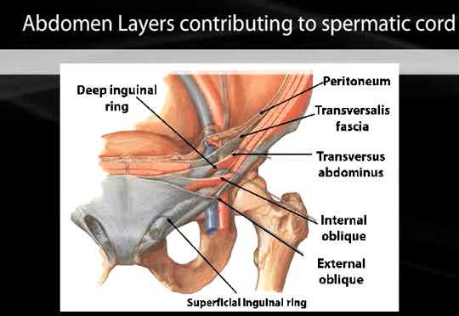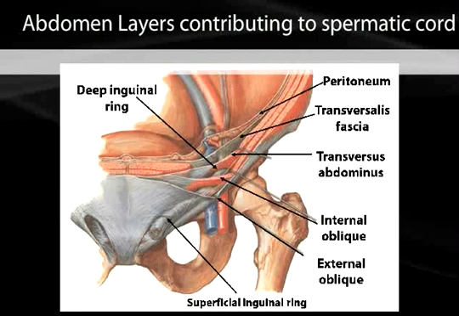Here's another view of the abdominal layers and the things that contribute to the spermatic cord, and you can see that the peritoneum is going to be pushed through, the transversalis fascia is going to be pushed through, and then there's an imperfection in the transversus abdominis muscle so that there's no need to push through that layer and have it represented in the spermatic cord.